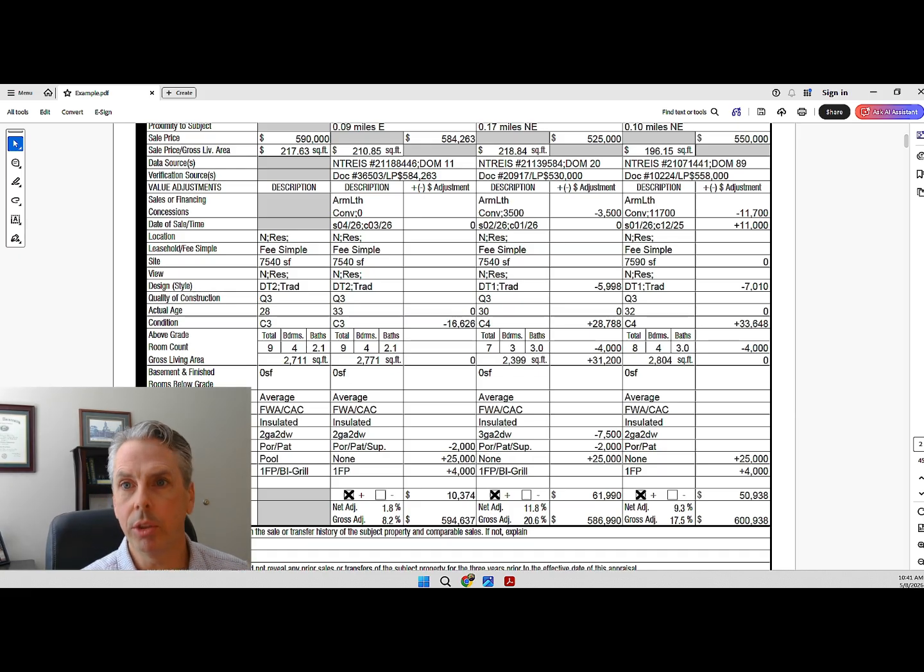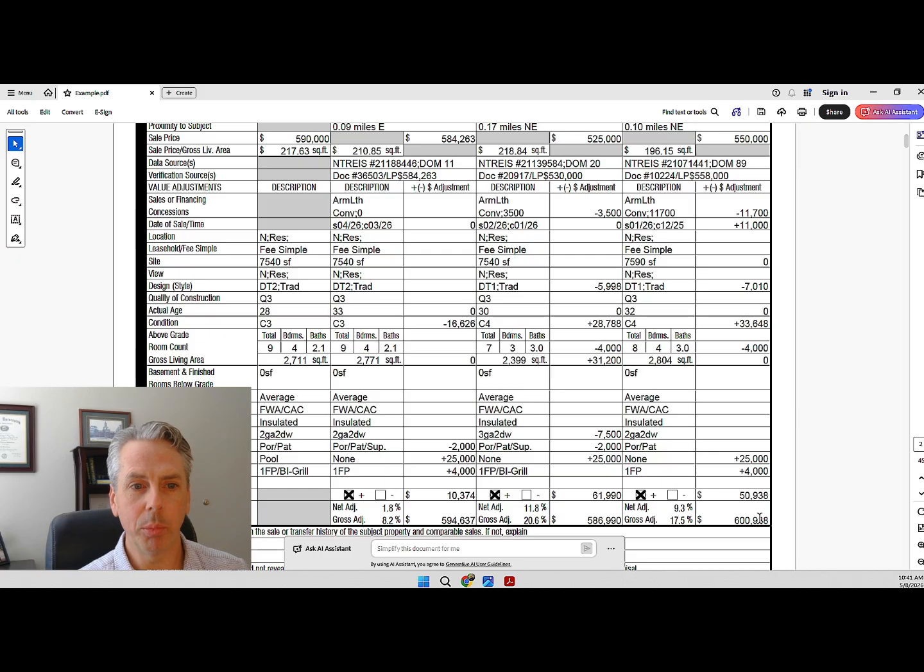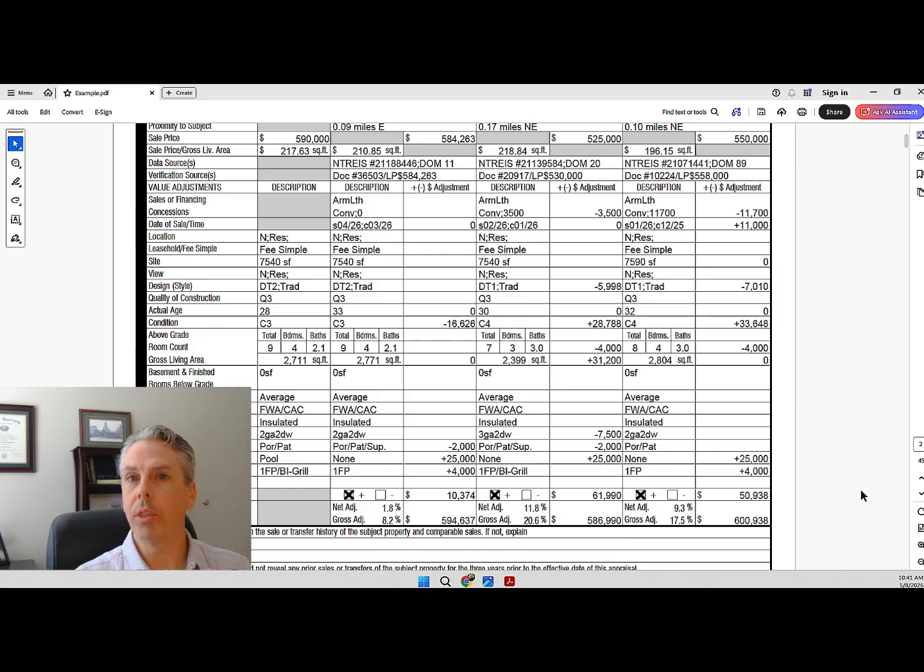So if we look at the grid behind me here, what we see is adjustments for lots of different elements. But what we're trying to do is to say, once I have adjusted for design and condition and gross living area and amenities, the difference between the actual sale price and the adjusted sale price means that those elements have already been considered.